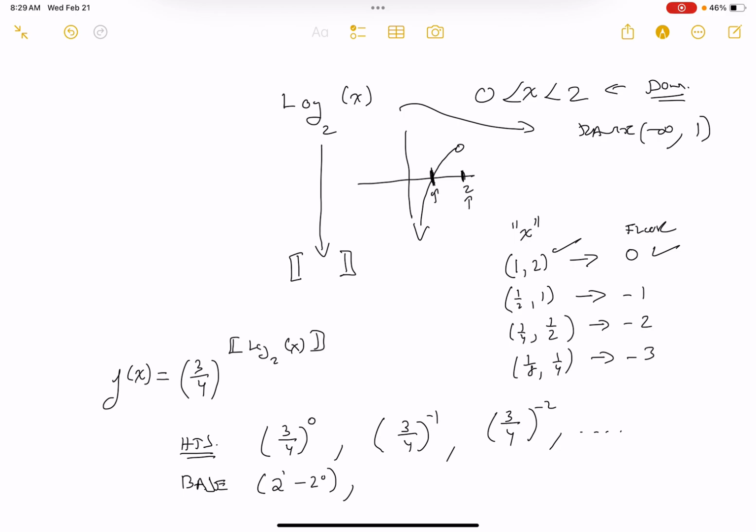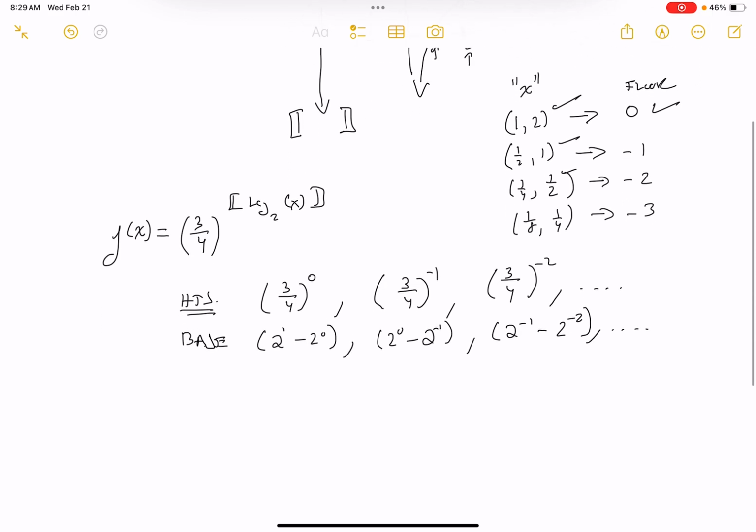I'm going to put things in powers of 2. Then 2 to the 0 minus 2 to the minus 1. That's that base. What's going to be next? 2 to the minus 1 minus 2 to the minus 2. I think I see a pattern. So let me write this one over here for you.